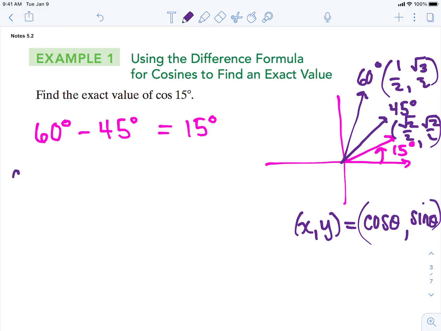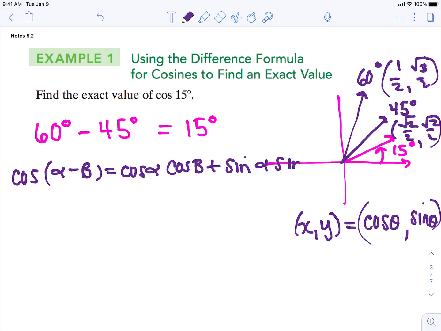So the cosine of alpha minus beta equals the cosine of alpha times the cosine of beta plus the sine of alpha times the sine of beta. So this is going to be our alpha, 60 degrees, and that is going to be our beta, our b, 45. So let's go ahead and substitute it in.